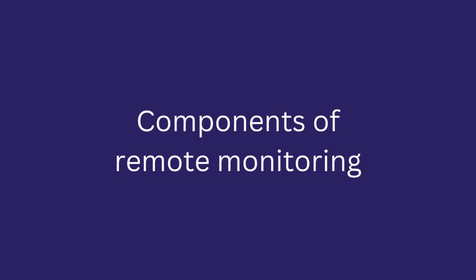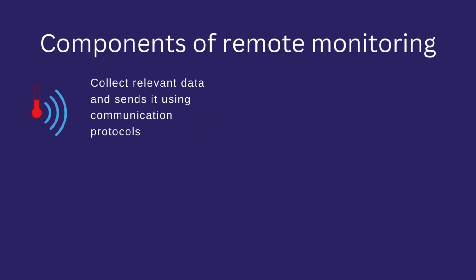However, it can be divided into sensors, controllers, software, and communication system. Sensor or instrument: it collects relevant data such as the target area's temperature or humidity. Since these must be able to communicate via the latest communication protocol, sensors used in modern day remote monitoring are called smart sensors.